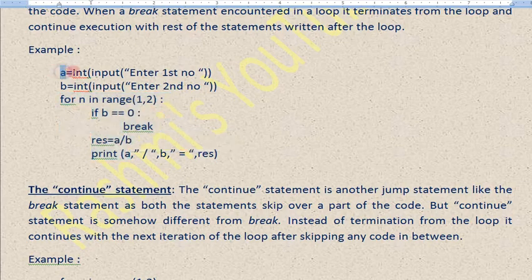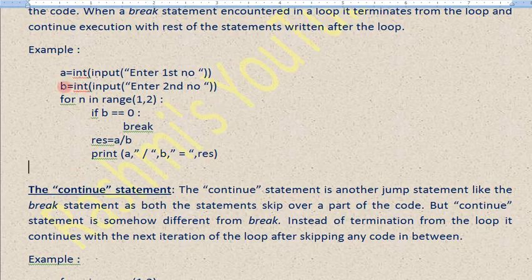After it collects the value for A and the value for B, it enters the loop. If the B value, by mistake or knowingly, I enter as 0, then it will break. Break means it will come outside the loop, to here, and since I didn't specify anything, the program will end.